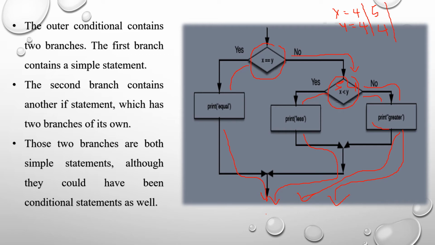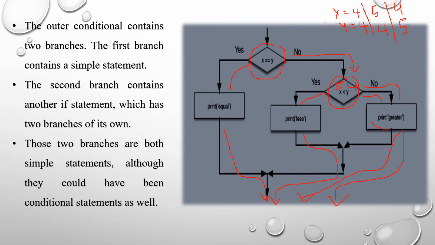So let's consider x is equal to 4 and y is equal to 5. Here the first condition is x double equal to y. This condition is false, so the Python interpreter checks the nested or inner condition.